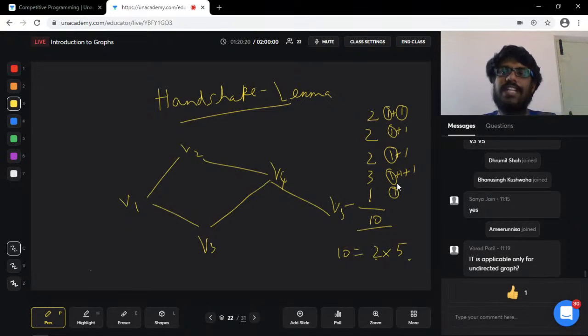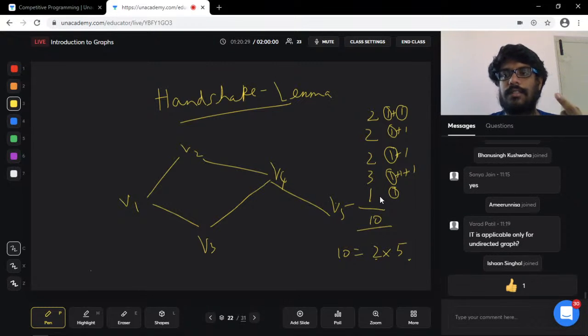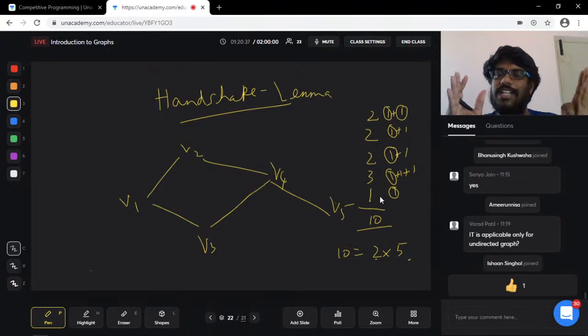So every edge contributed 1 to the degree of 2 vertices. When I add all the degrees, each edge I'm going to count twice. It's going to contribute 2 to the sum. So the sum of all the degrees is nothing but 2 into m, 2 into the number of edges.